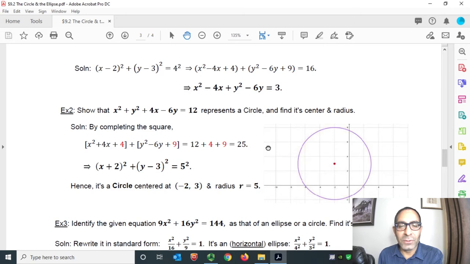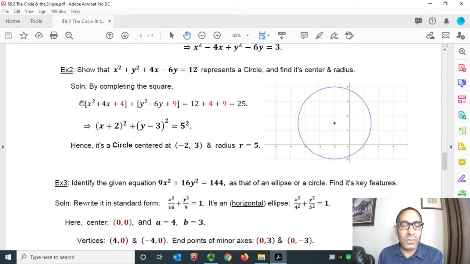Let's do example 2. The second degree equation in x and y, which is x square plus y square plus 4x minus 6y equals 12, represents a circle. Find its center and radius. So let's begin the solution.